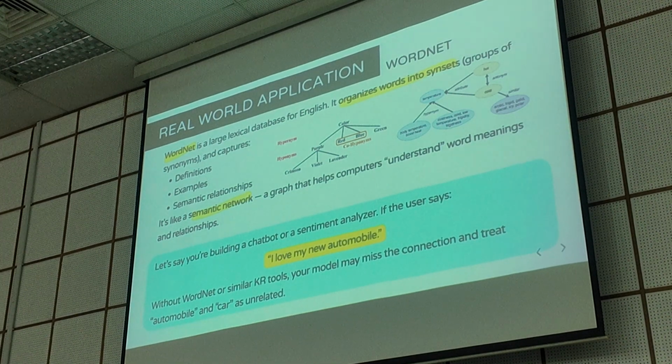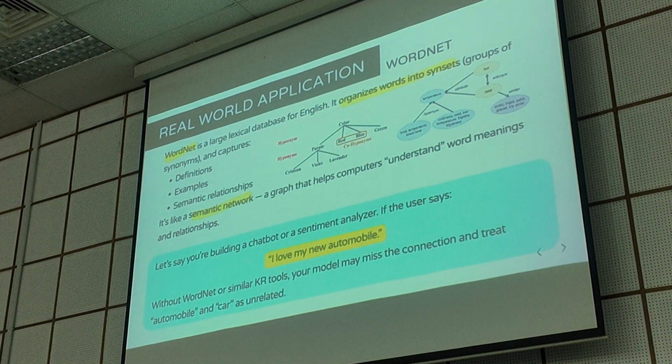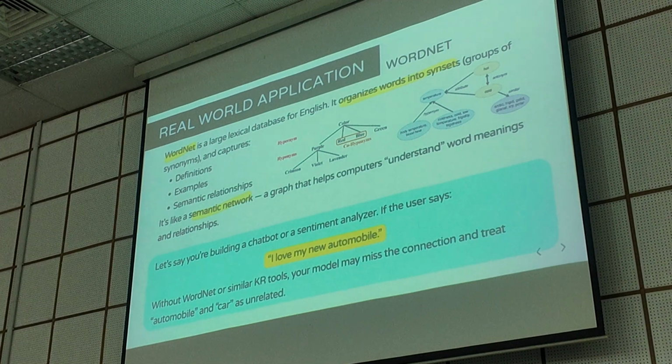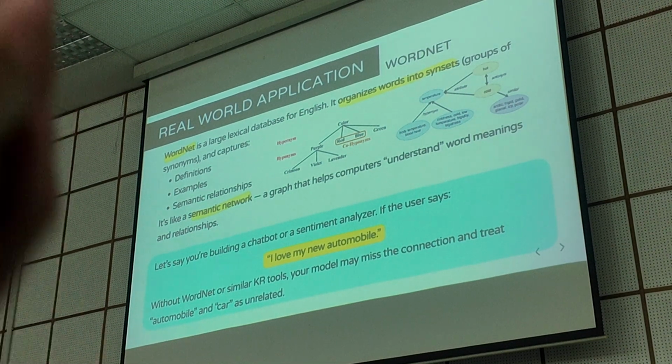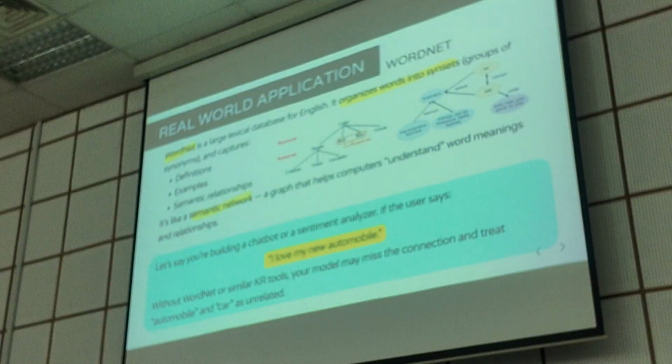So maybe love's synonyms are liked, favorable. So then it will paraphrase to I liked my new. Maybe automobile also has a synonym, car. So it becomes I like my car. That's it. Or we can use the WordNet to do a lot of things here: to check whether these two paragraphs are the same, to paraphrase the sentence, and so on and so forth. Okay, use it as a search engine as well.